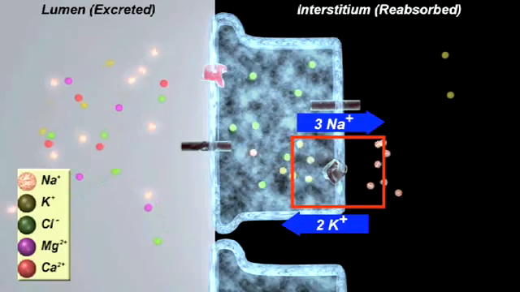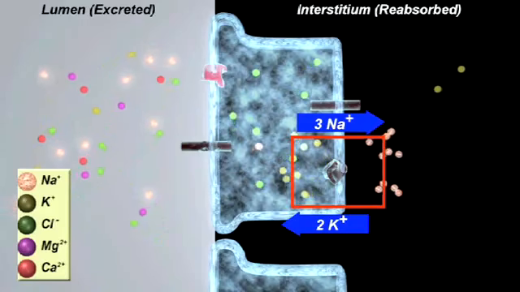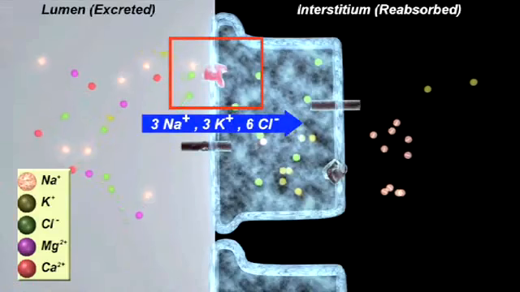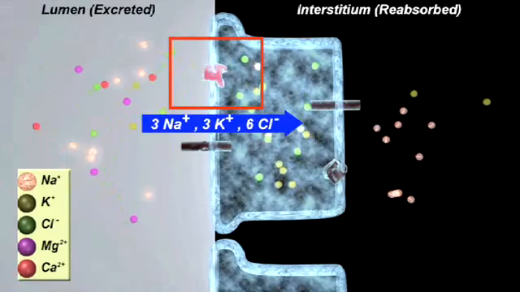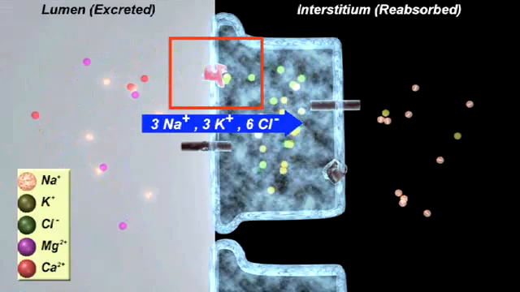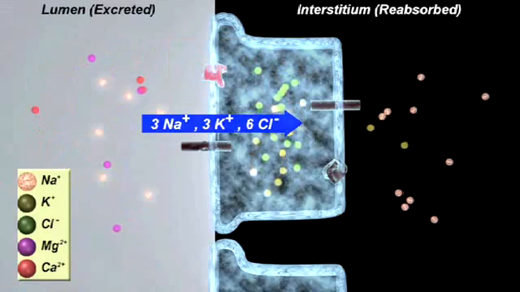This causes a deficit of sodium within the cell. This deficit is made up by the sodium-potassium-chloride transporter on the luminal membrane of the cell. This transporter moves 1 sodium, 1 potassium, and 2 chloride ions from the lumen into the wall of the nephron.